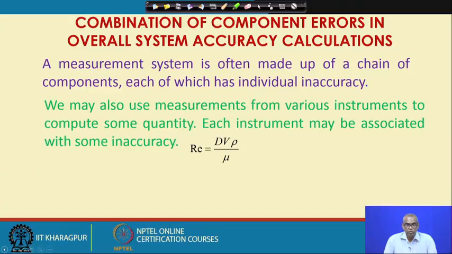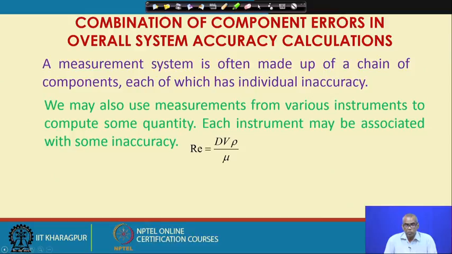Imagine a liquid flows through a pipe of diameter d, the velocity of the liquid is V, the density of the liquid is rho and the viscosity of the liquid is mu. Then the Reynolds number is computed as d V rho divided by mu.